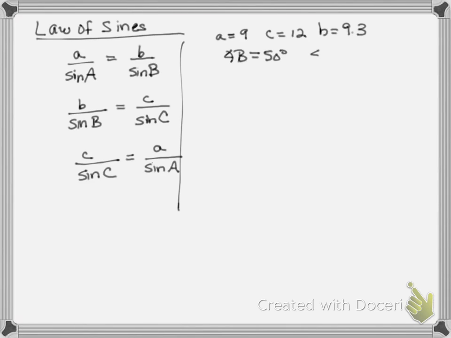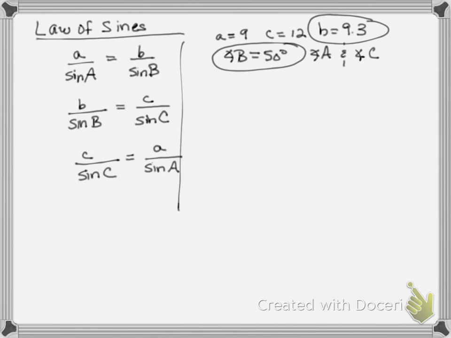So what I need to do is find angle A and find angle C. I'm going to use one of these sine ratios. I know that I have little b and big B, and I can either use little c with big C to find big C, or little a with big A to find the measure of angle A.